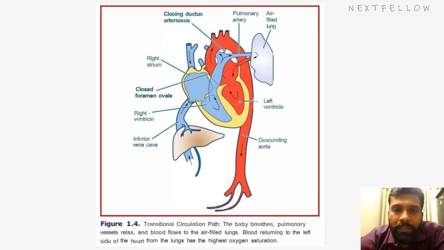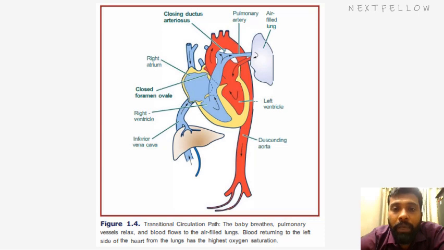The oxygenated blood, this is the baby's lungs that is gradually being filled with normal air, now returns from the baby's lungs, these reddish parts of the diagram, and fills the baby's heart.